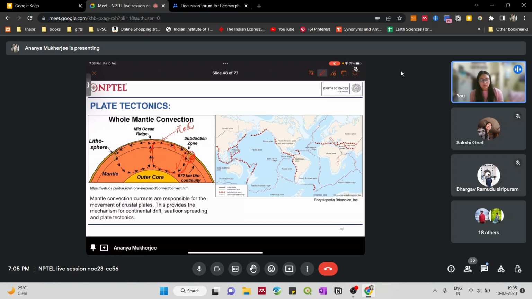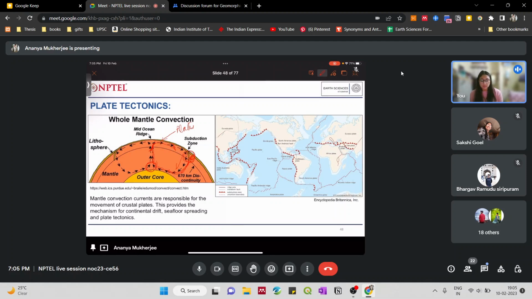Crustal material is dragged down into the mantle because of the convection current, then the material starts melting, it is lighter than the rest of the earth's interior composition. So at another place, this is where the mantle plume will rise. Okay, with the mantle plume the material will again get transferred to the surface, to the crust.